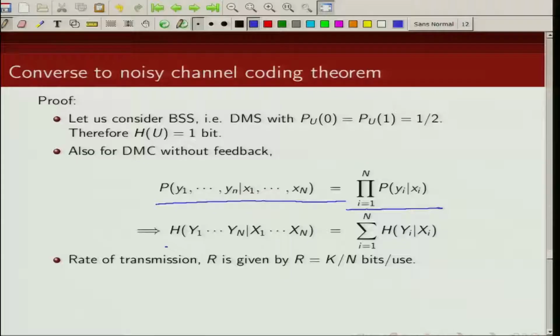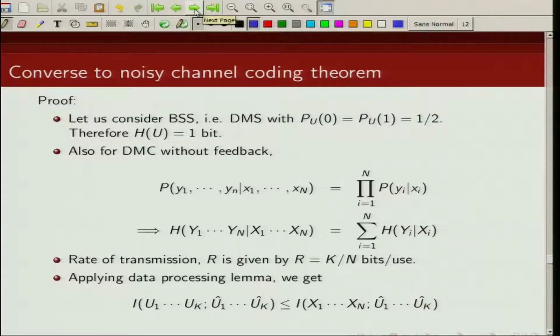So we can write the uncertainty in y1, y2, y3, yn given x1, x2, x3, xn as the summation of uncertainty of yi given xi. And remember, our transmission rate is k by n bits per use.